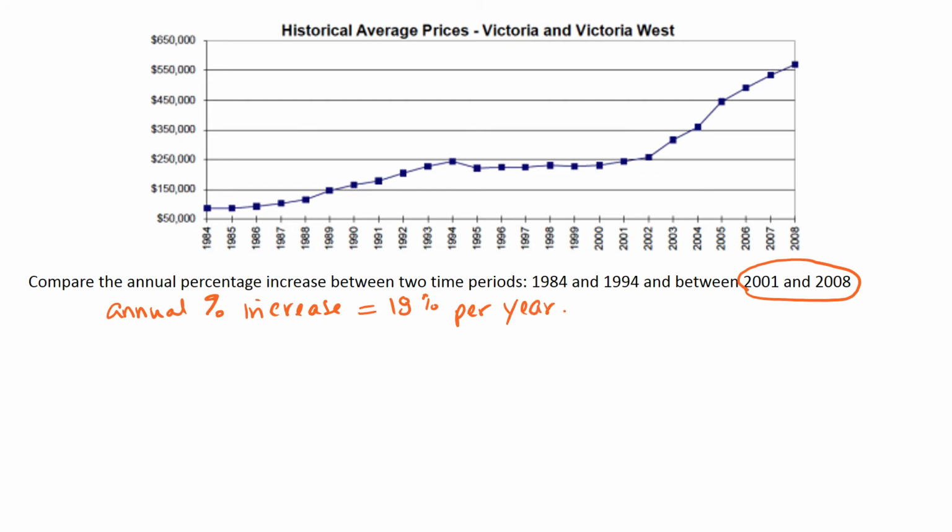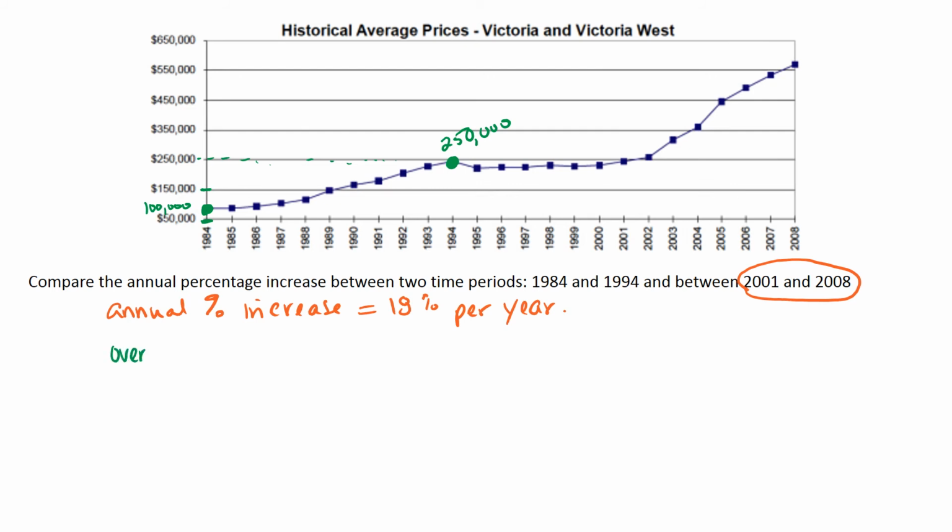Now we're going to do the same thing again for this first period, which is between 1984 and 1994. In 1994, it's approximately, reading across, 250,000. And in 1984, it started off halfway between 50 and 150, which I'm going to estimate as 100,000. So the price increased from 100 to 250,000.